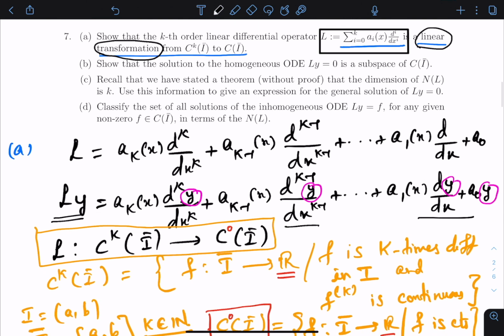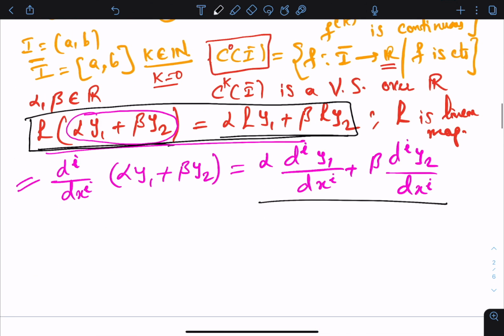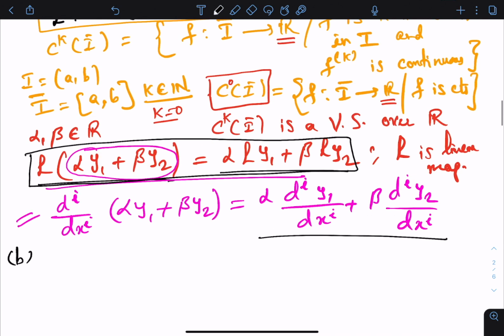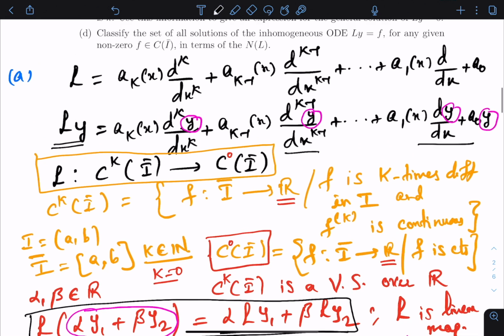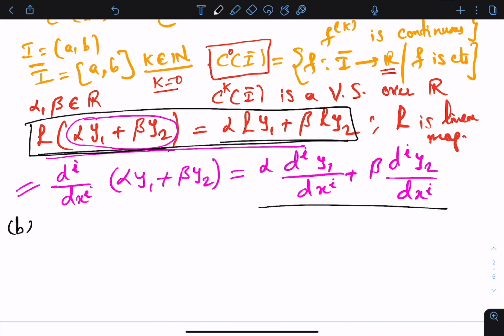Now 7b is telling you that if you take the kth order homogeneous equation, then the solutions form a subspace in the space of continuous functions. Okay. So basically, what we are saying is that if you define S to be the set of all y in C of I bar such that L of y is 0.